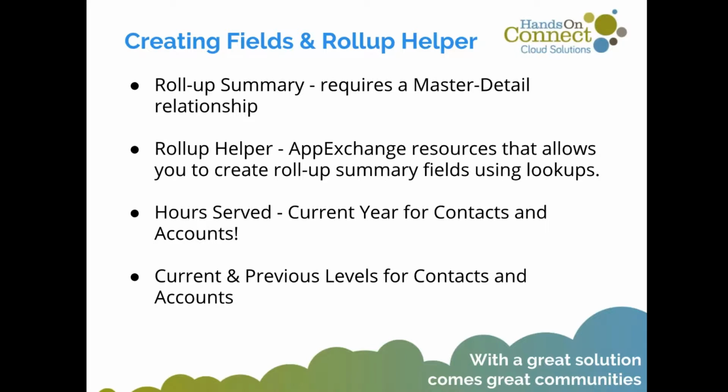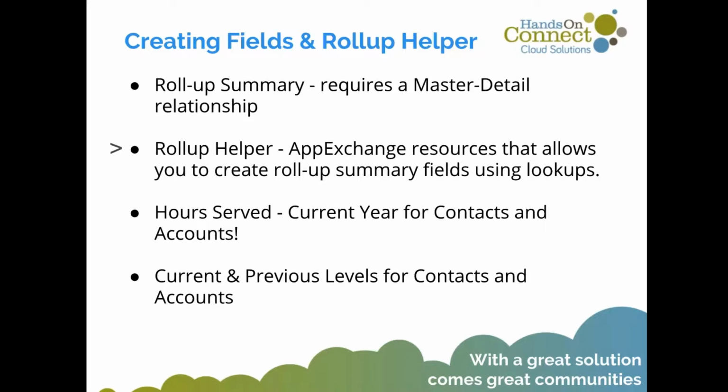To address that, we are using an App Exchange tool called Rollup Helper. Rollup Helper has a free edition that allows you to create up to 3 rollup fields using a lookup relationship.